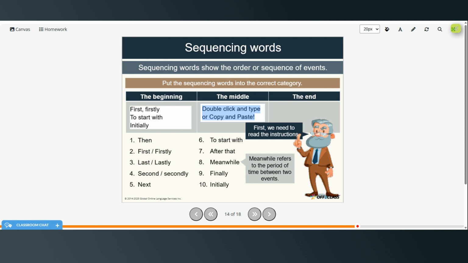All right, in the middle we would find then, second or secondly, after that, meanwhile. And then our ending words, last or lastly, and finally.